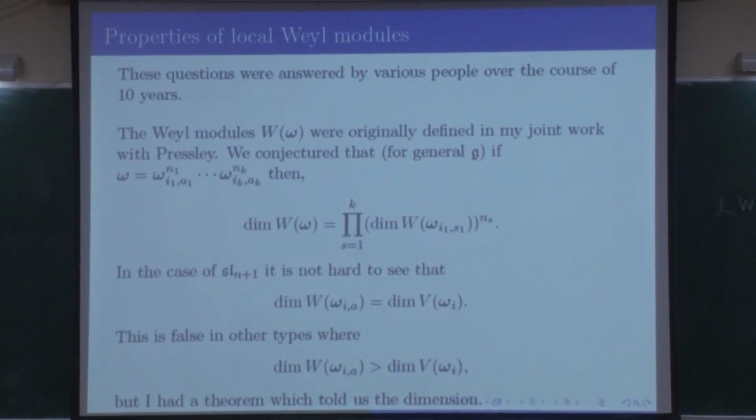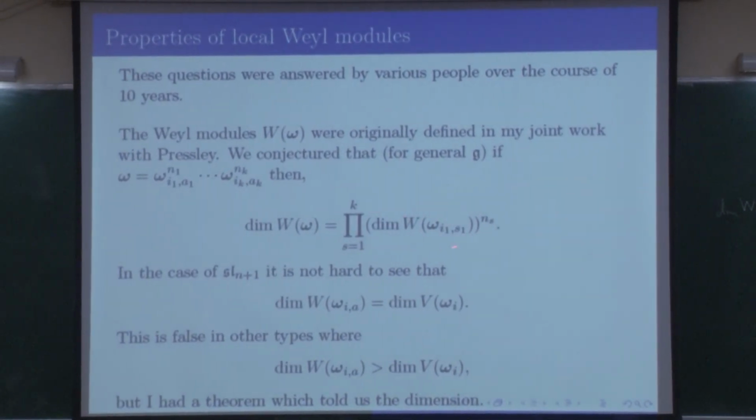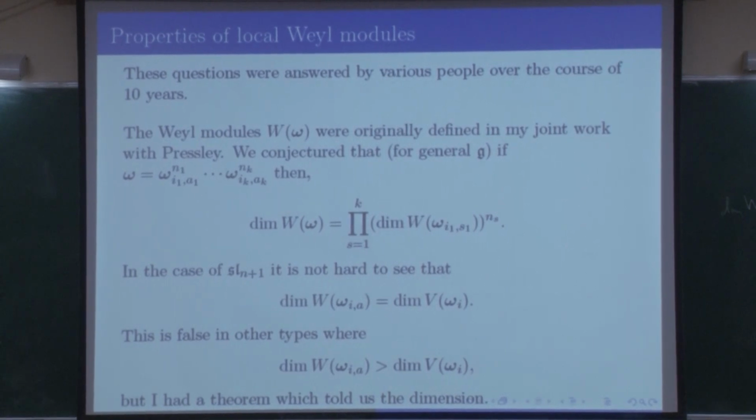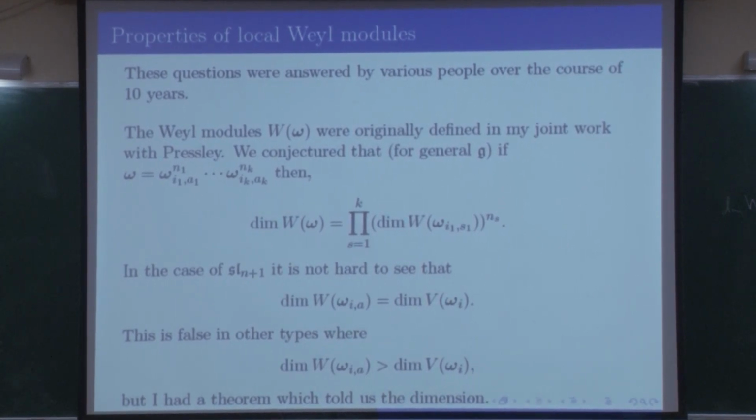And then, of course, what's the use of this conjecture if you don't know the dimension of these fundamental modules, right? So for SLn plus 1, one knows exactly what they are. It's just the dimension of the underlying irreducible module. So the Weyl module is not on the fundamental weight. So for a single node, it's not interesting.